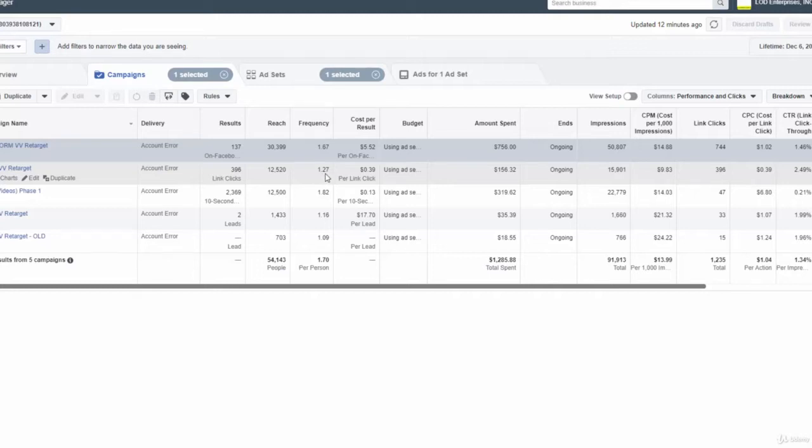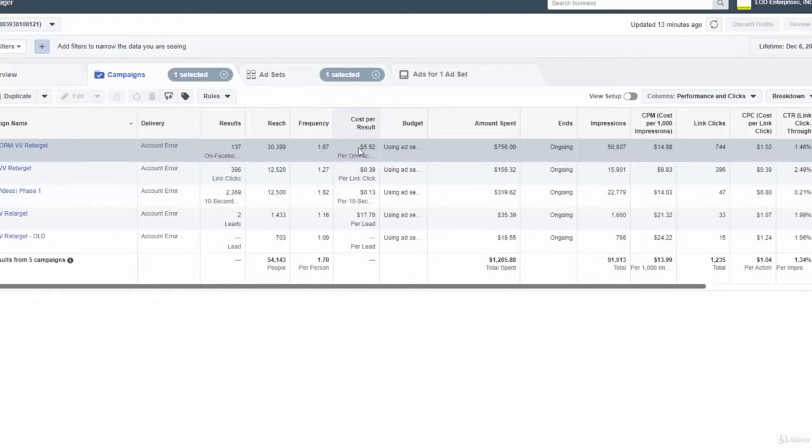A frequency between 1 to 2, maybe 3 is okay. I would try to be within 1 to 2 at the most, okay? And a higher frequency typically comes from having smaller audiences. So that's why it's important for us to have large audiences and enough of an audience to be able to have our ad shown to a lot of different people and not have it shown multiple times to the same person, right?